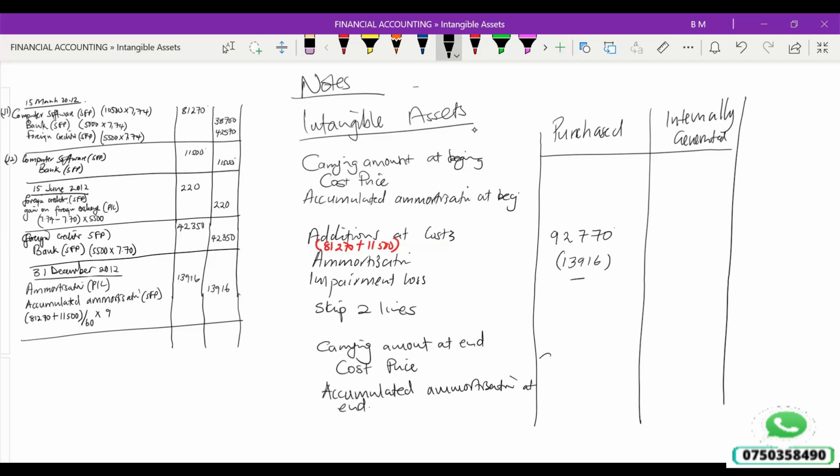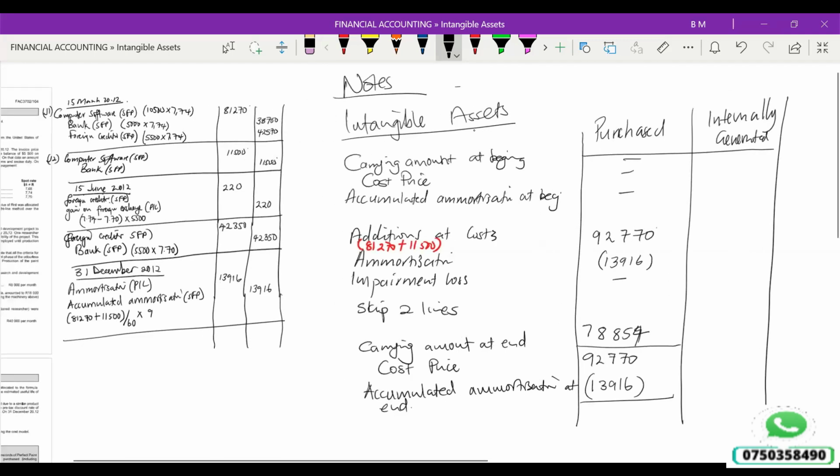Then cost price 92,770 less 13,916. So what is the carrying amount at end for the purchased intangible asset? 78,854, sorry, 4, not 9.